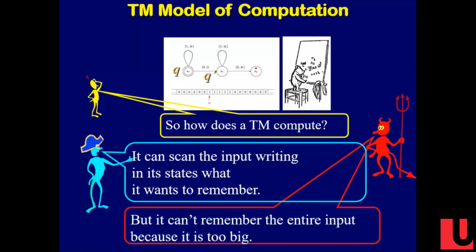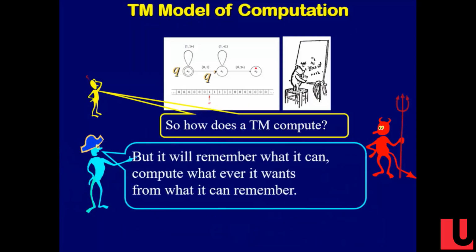But that's fixed here. At compile time, we decide how many states we're going to have. We decide how many characters we're going to remember. And then the input's going to grow, so you can't remember it, it's too long. How much can I remember? Some amount.